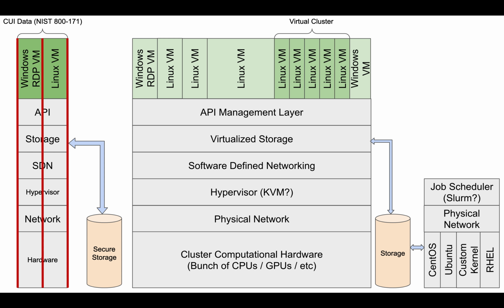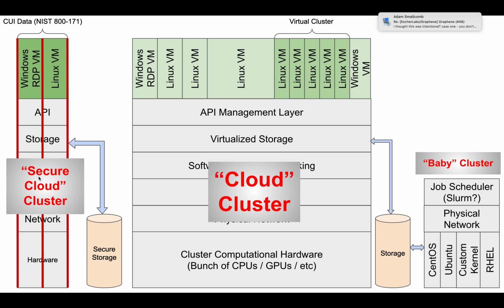And probably we would lock down a lot more capabilities from an end user perspective, such that they can't go in and configure their software-defined networking. And then we have a lot more auditability that we would be running in the background on the secure environment versus the other environment over there.